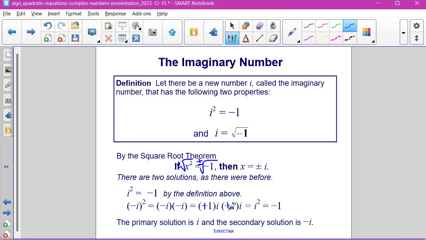These two negatives cancel one another out, and we are left with i times i, which is i squared, which is again negative 1. The primary solution when you are solving x squared is equal to negative 1 is the positive i, and the secondary solution is negative i.